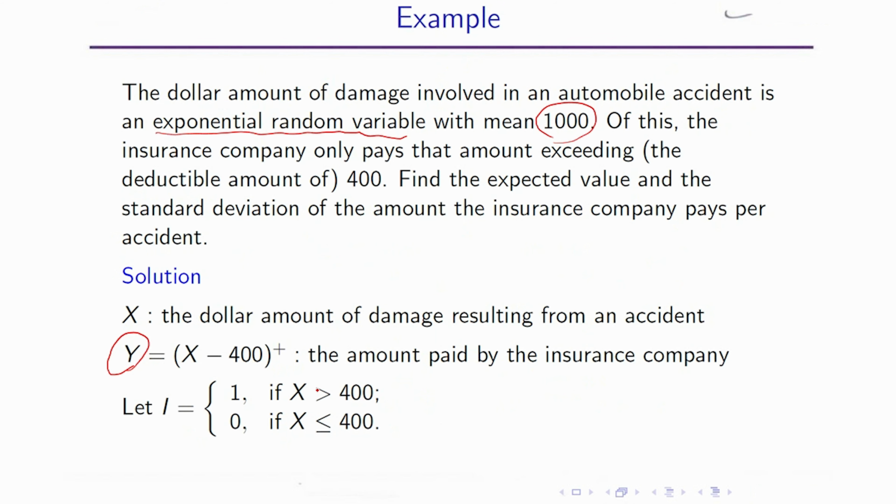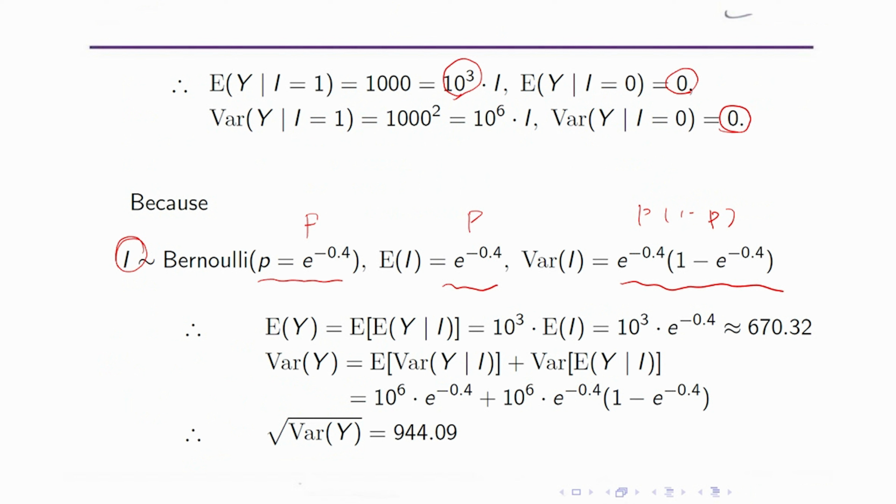If we look at this expression, we know that only when X is greater than 400, I will be 1. And the probability of X being greater than 400 is equal to e to the power of minus 400 divided by 1000. So that is e to the negative 0.4.